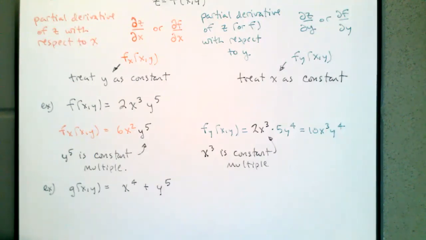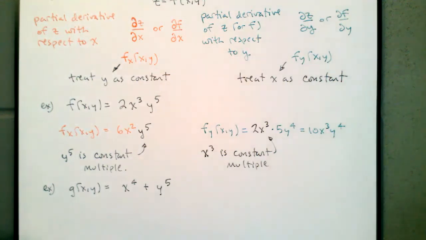And we want to find the two partial derivatives. In this case, when we find gx at xy, the partial derivative of g with respect to x, the y is considered constant. So the y to the fifth in that case is a constant term.